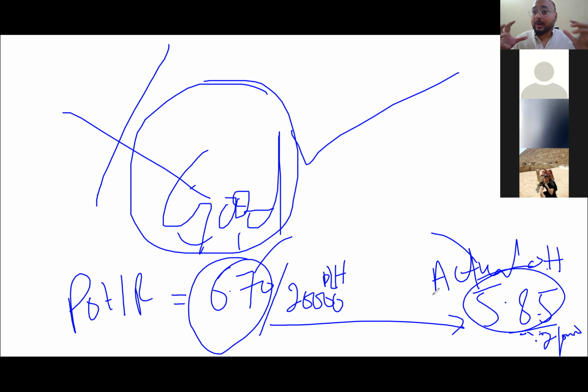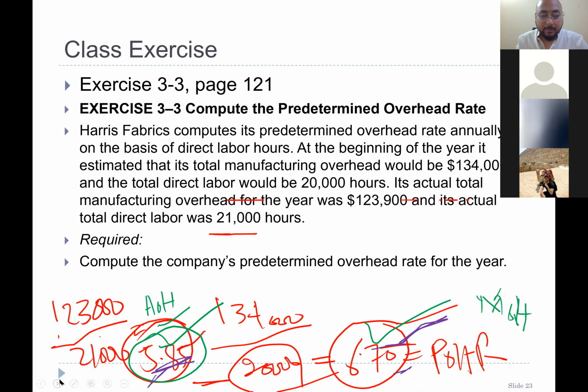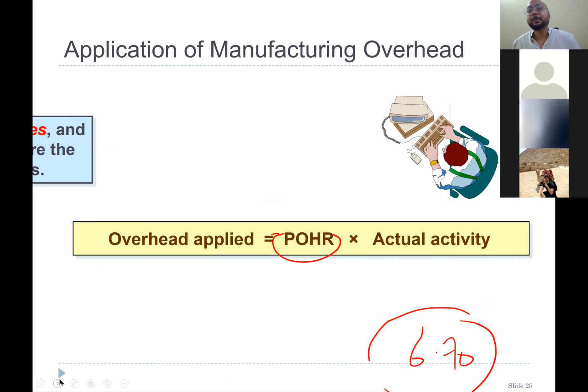Yes. You cannot compare an apple with a mango. You need to compare apple to apple, right? If you want to compare 6.7 with 5.8, the base must be equal. So that's why here comes the second step that I'm about to explain.